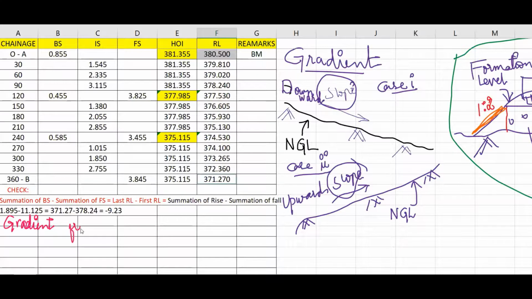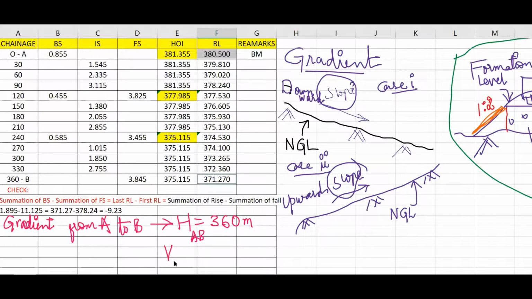What is the gradient from A to B? For this you need to know the horizontal distance between A and B. Do you know the horizontal distance between AB? How much is it? It is 360 meters.